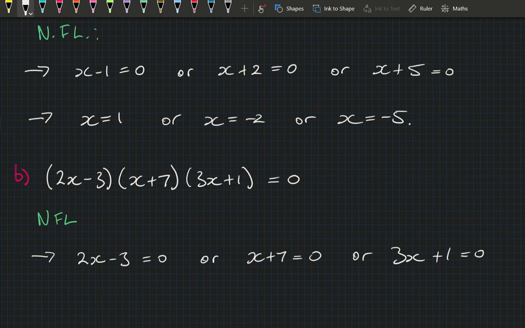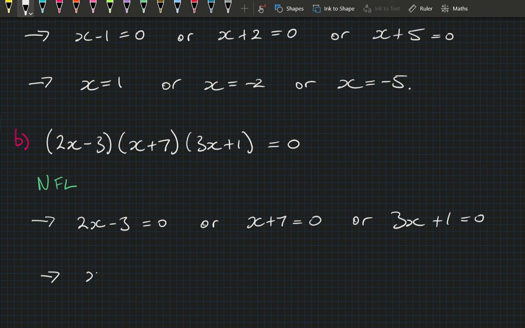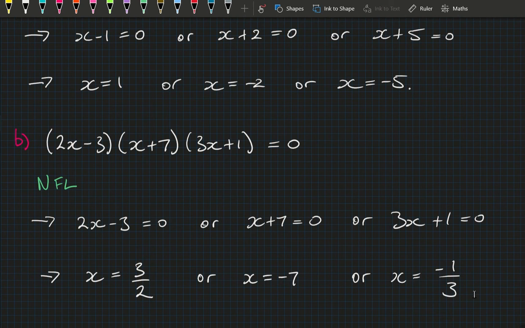So let's have a look at the first one. If I add 3 to both sides and then divide both sides by 2, we've got x is equal to 3 on 2. Straightforward for the other one, that's x equals minus 7. And for this one, we have to subtract 1 from both sides and divide by 3. So x could also be equal to minus 1/3.